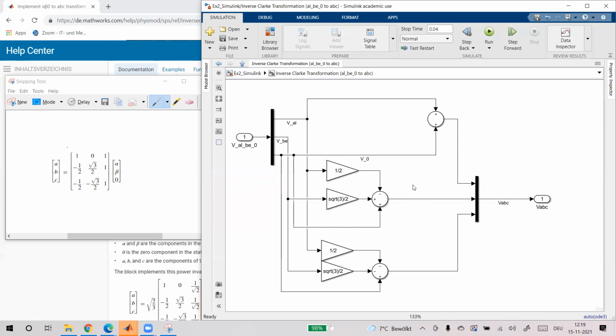Yeah, but you see this, they are overlapping, right? So they are fine. But this is the labeling, that label you should change. So now implement this inverse Clarke. Let's not spend much time here.